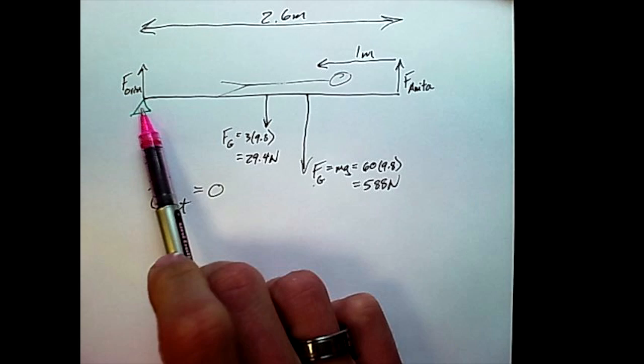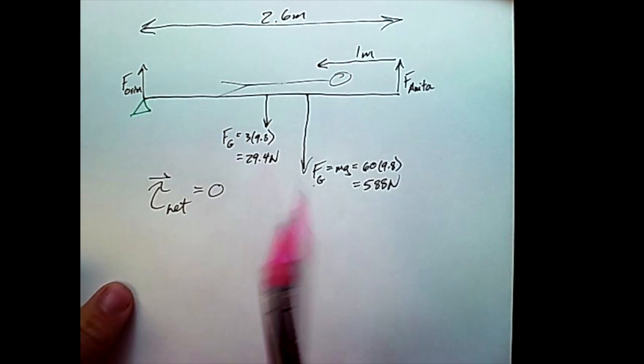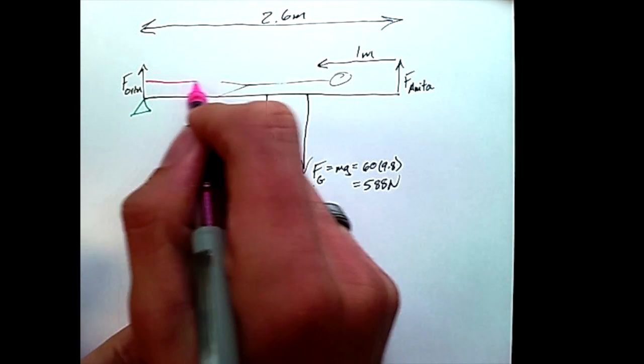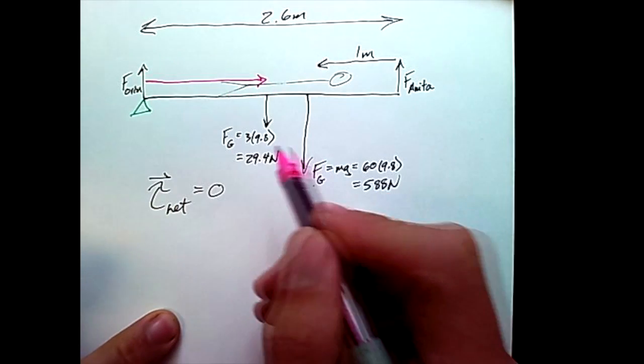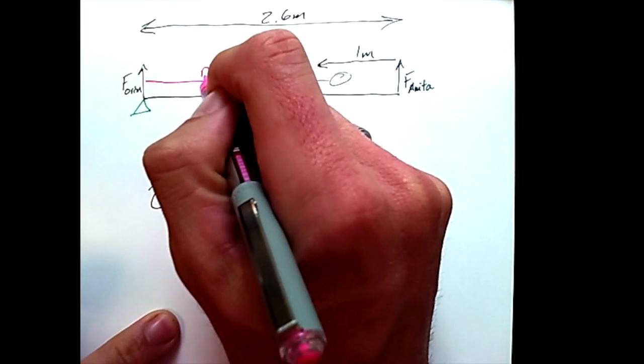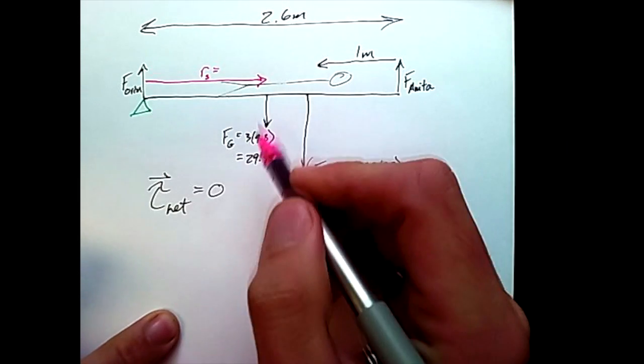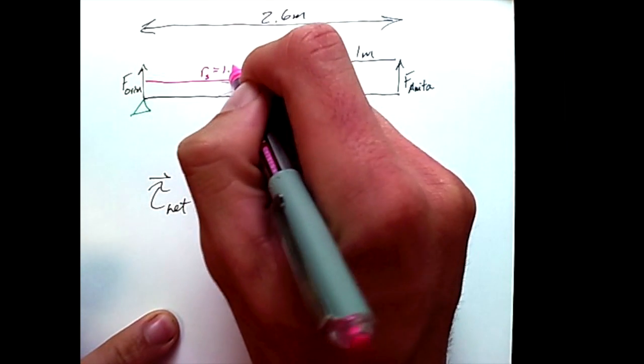By putting the fulcrum at Oren, we take out his torque, and we also are able to then identify all of the torque arms for each individual force. So for example, for the stretcher itself, this is now the radius of the stretcher, which is half the length of the stretcher itself, which is 1.3 meters.